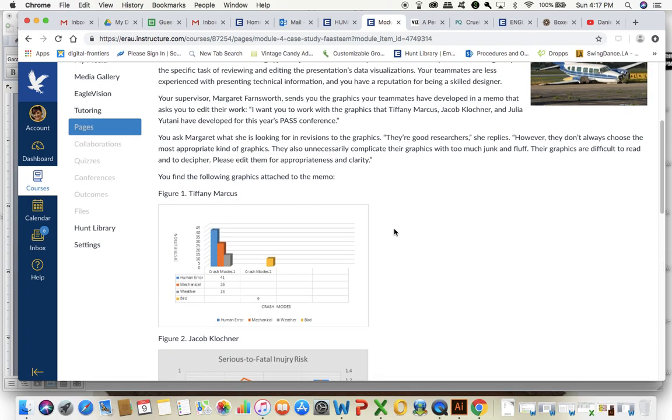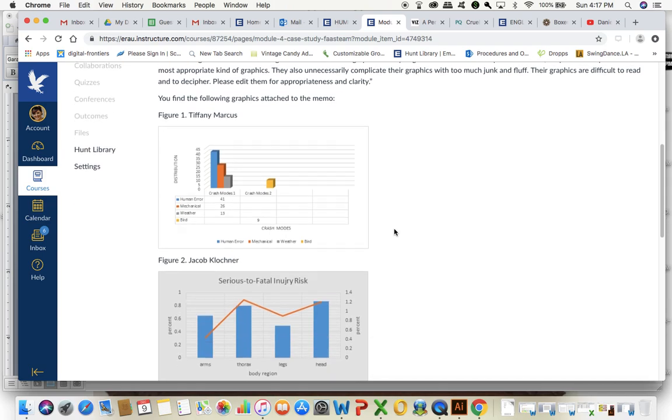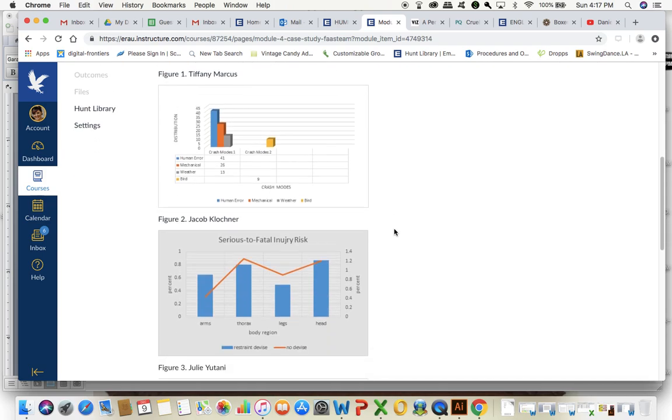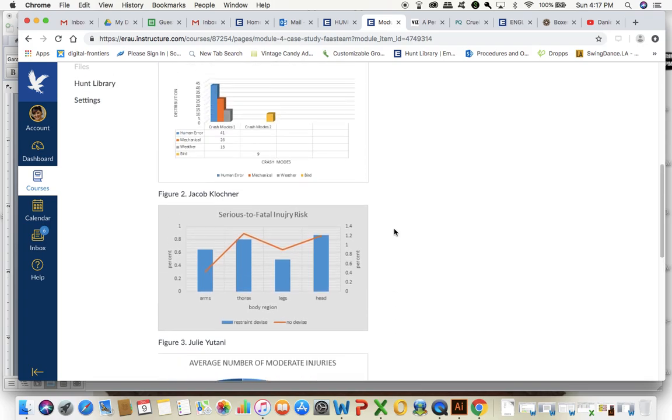Basically the supervisor says to the person, you're really good at providing ethical, concise, readable, accessible visualizations of data and information. Can you please revise these to do that?